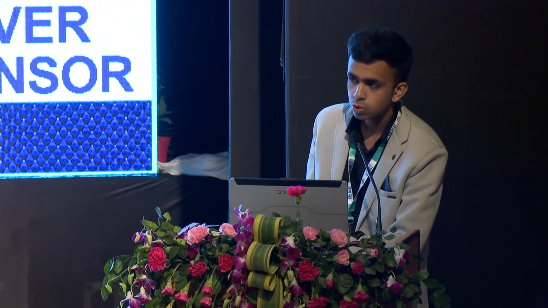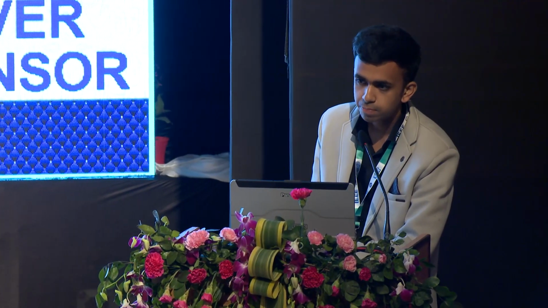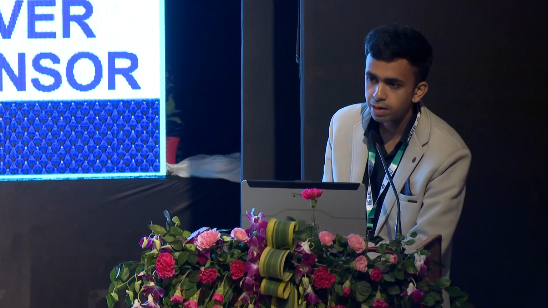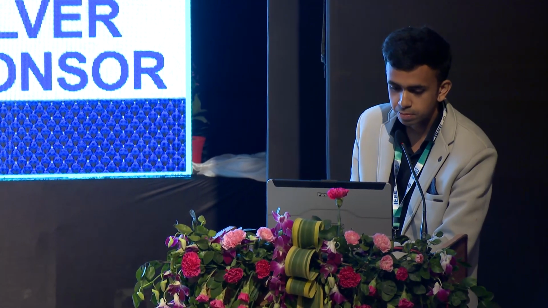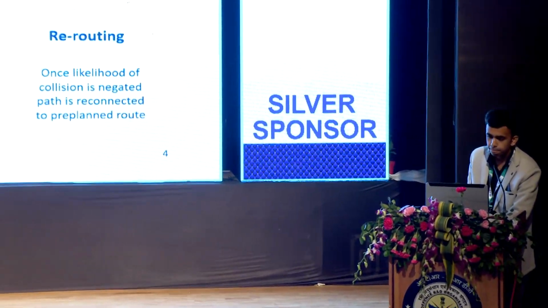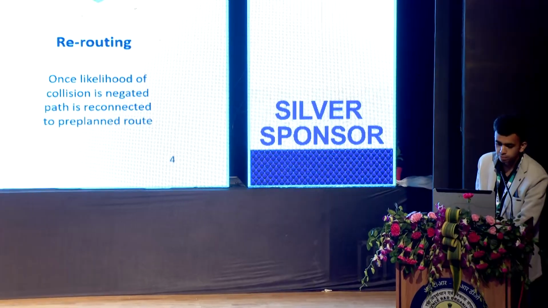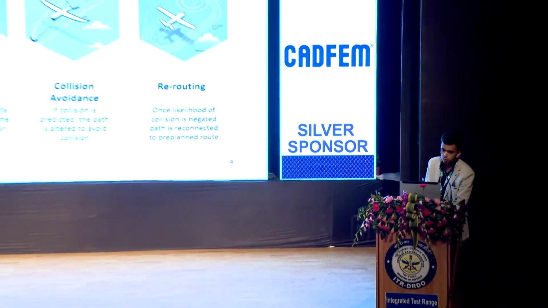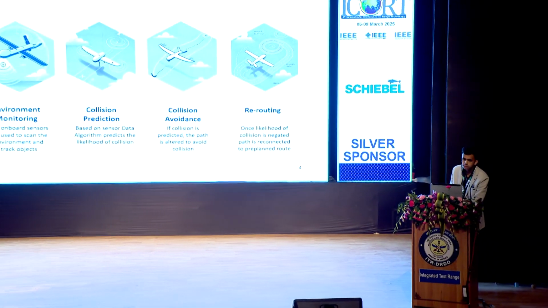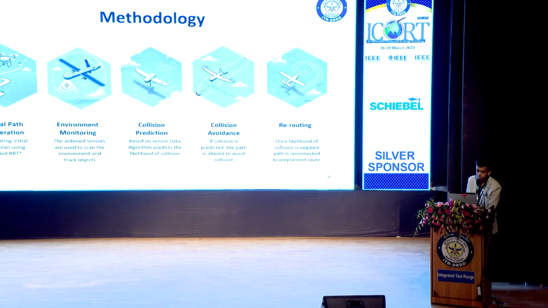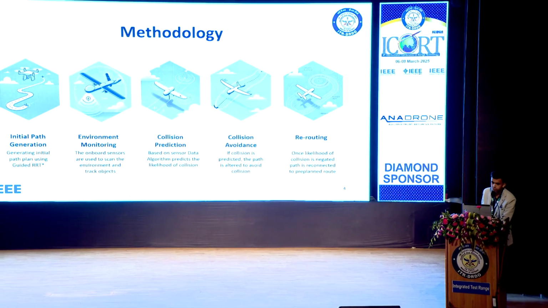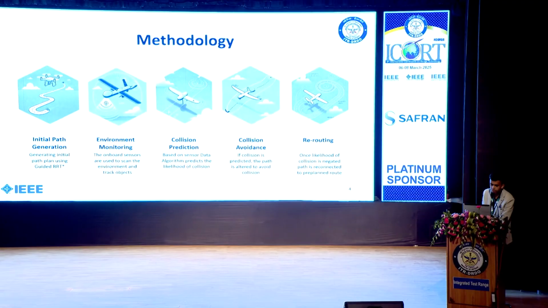So this is the methodology which we are using. In the first step we generate a path in a static environment using the guided RRT star algorithm, which was our previous paper. Once the UAV is following the path which we have planned, it continuously monitors its surroundings through various sensors, which we will look at in the next slide.